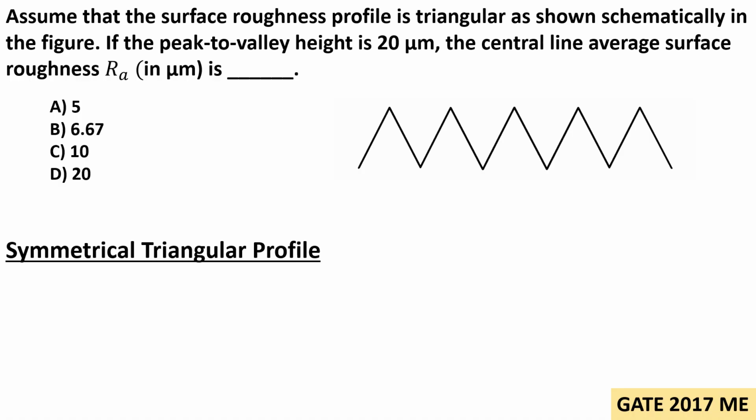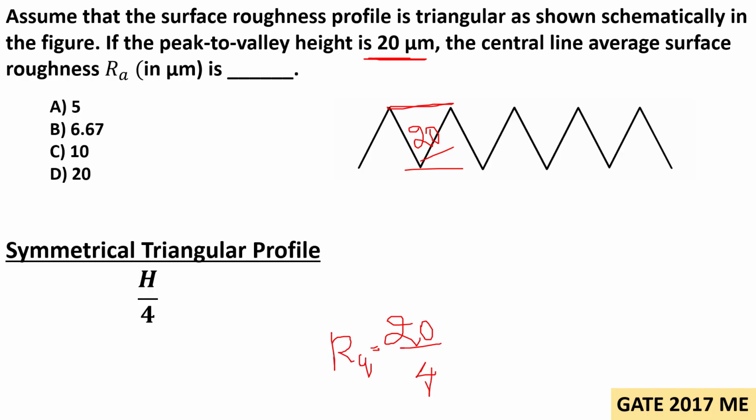Here the given profile is the symmetrical triangular profile, and we know that for a symmetrical triangular profile the Ra value is H by 4, where H is the peak to valley height. In the data the peak to valley height is given as 20 microns. Then Ra will become 20 divided by 4, which is equal to 5 microns. So option A is the correct answer.